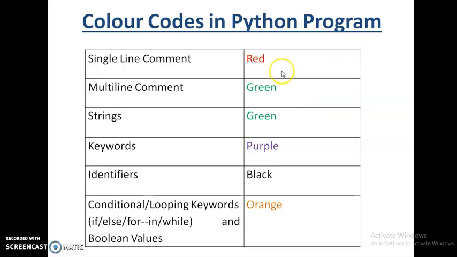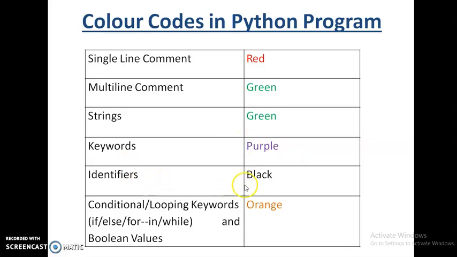So, you can read from this table which programming element is represented by which color code. Single line comment is represented in red, multi-line comment is given in green color. Strings are also in green color. Keywords like print or the function which we saw, range, are in purple color.